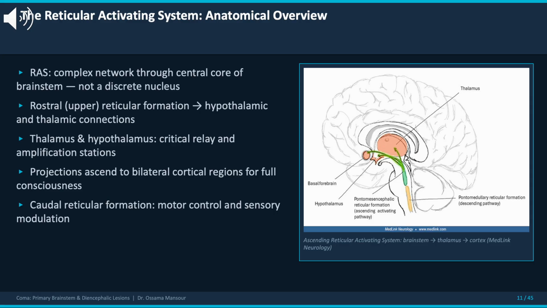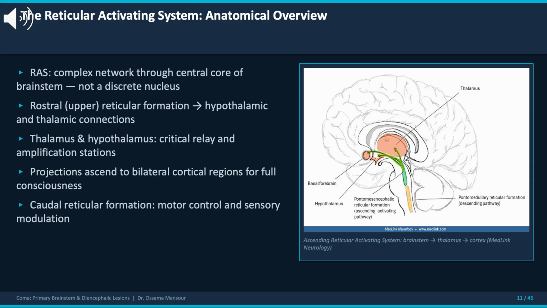The rostral or upper portion of the reticular formation and its ascending pathways send connections that reach hypothalamic and thalamic structures. These diencephalic structures serve as critical relay and amplification stations. From the hypothalamus, basal forebrain, and thalamus, projections then ascend to higher cortical regions throughout both cerebral hemispheres to achieve the full state of consciousness and wakefulness.